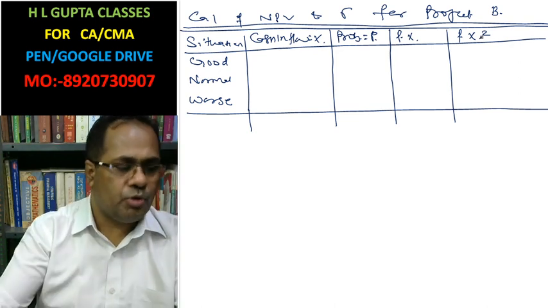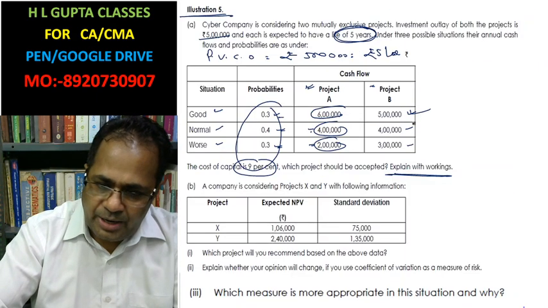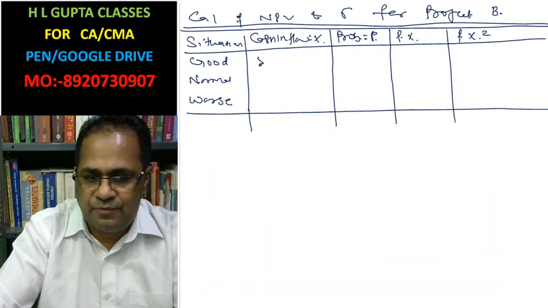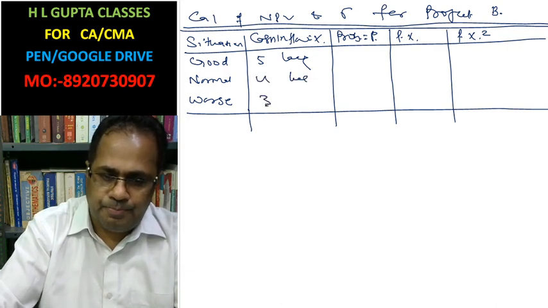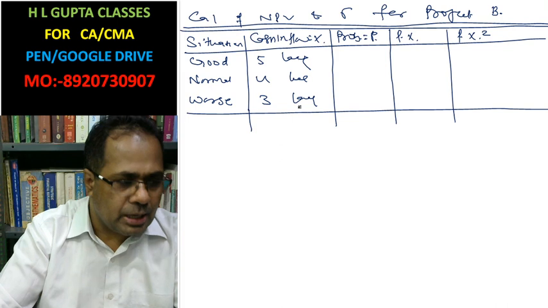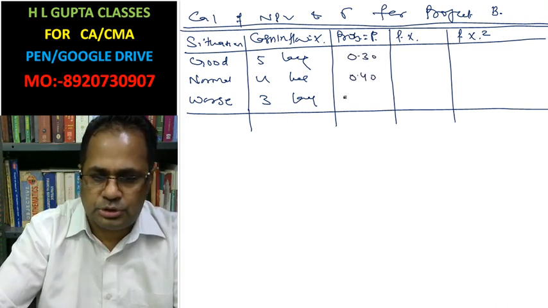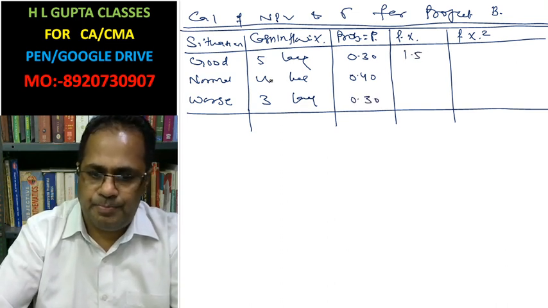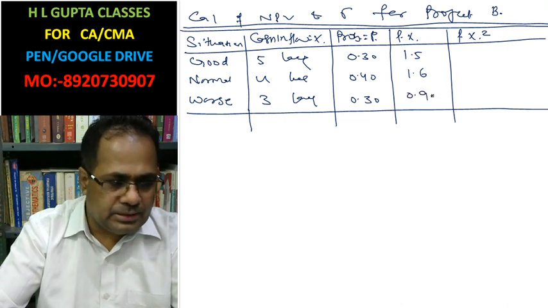The cash inflow for project B is 5 lakh, 4 lakh and 3 lakh, and the probability is 0.30, 0.40, 0.30. P_iX_i is 1.5 lakh, 1.6 lakh and 0.90 lakh.